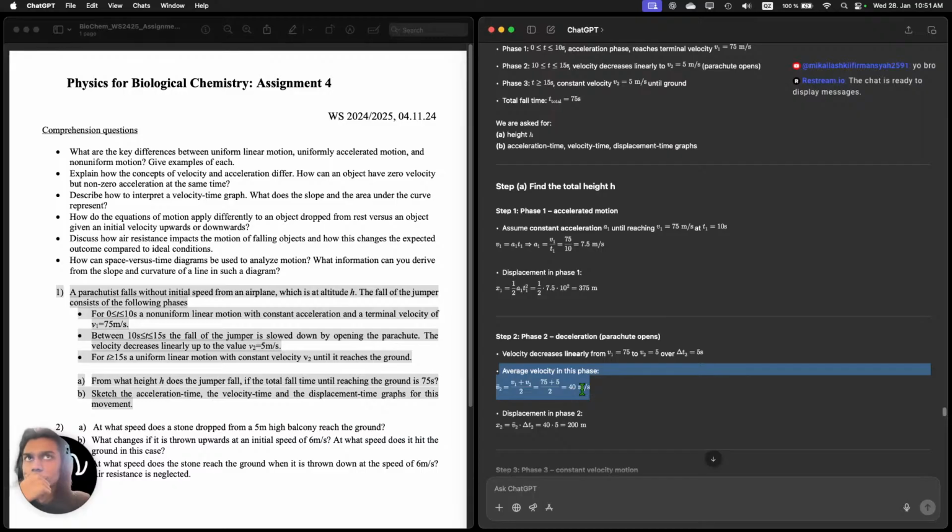So you try to calculate the average velocity. Find the total height.